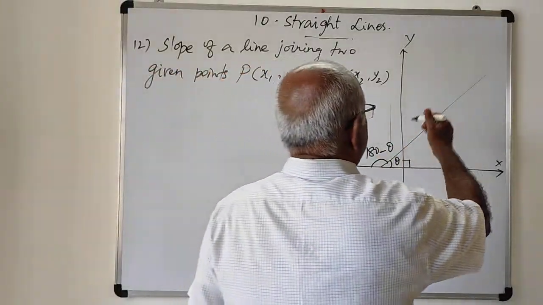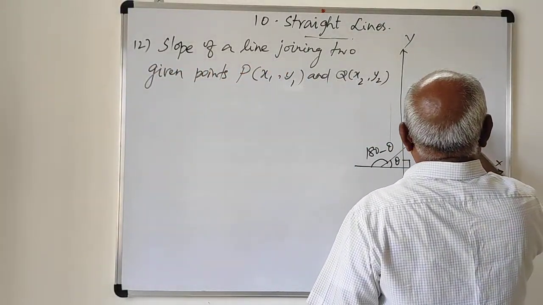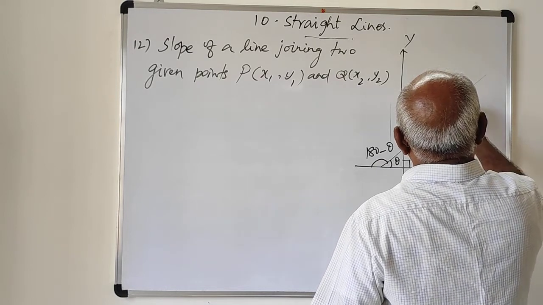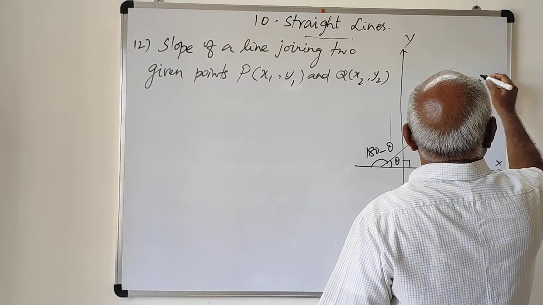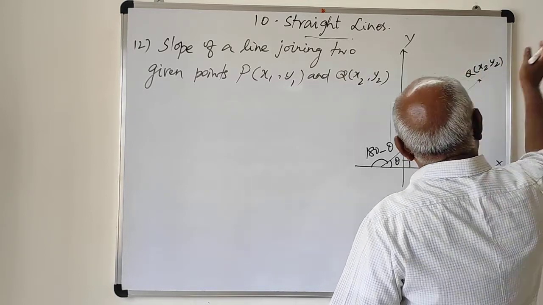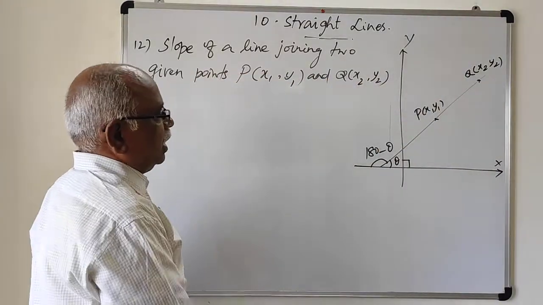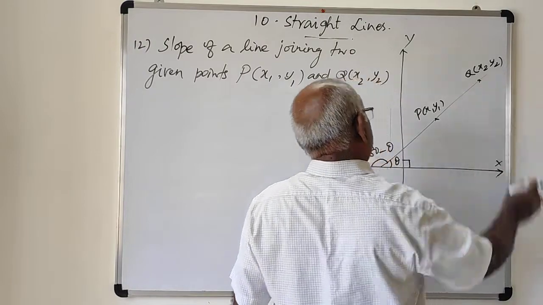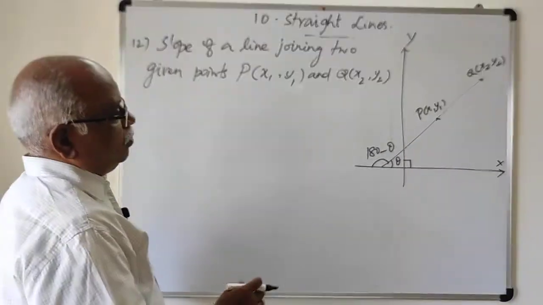Consider the same line. It is the point P(x1, y1) and it is the point Q(x2, y2). We have to find out the slope of the line PQ joining these 2 points P and Q in terms of the points given.